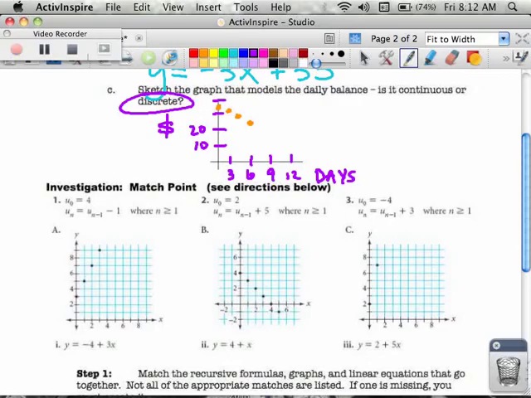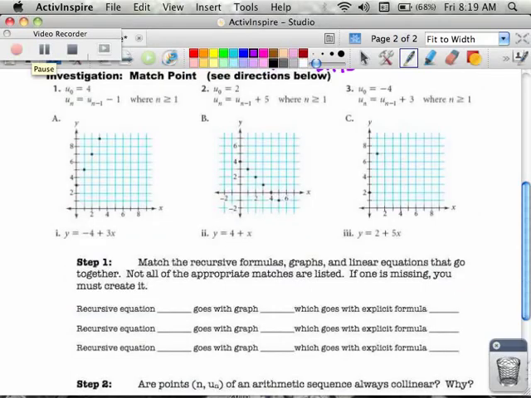So let's look at recursive equation number 1. It says my starting value is 4, and I'm going down 1 unit each time.